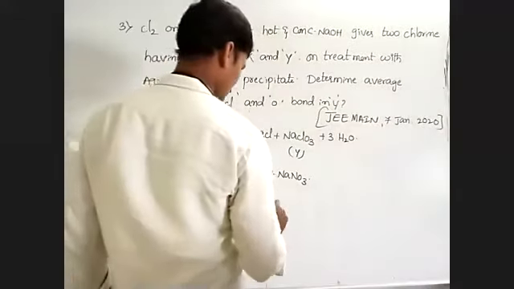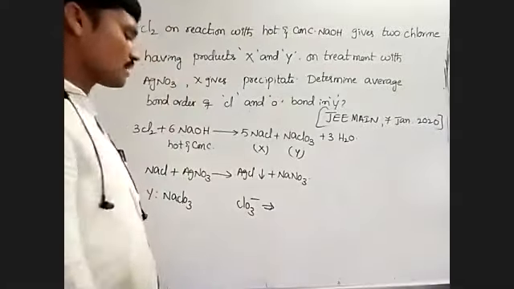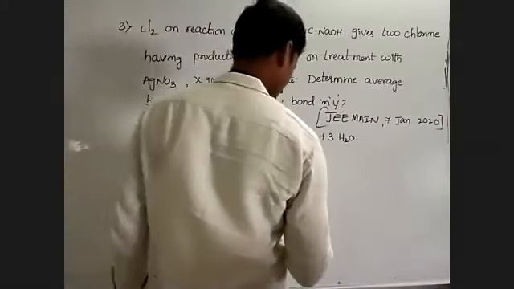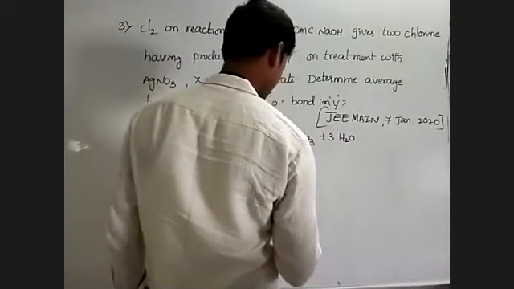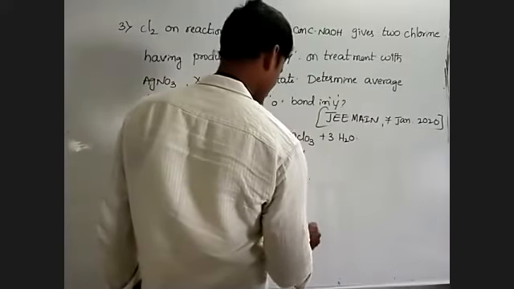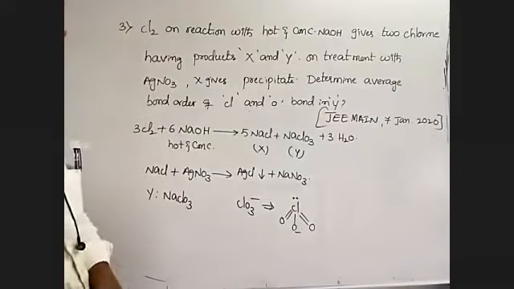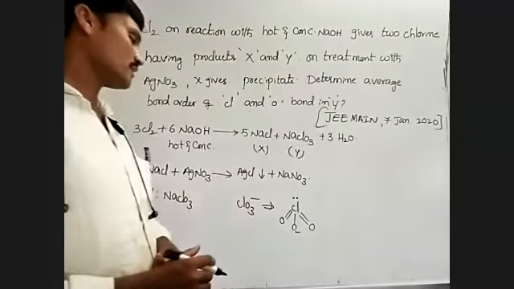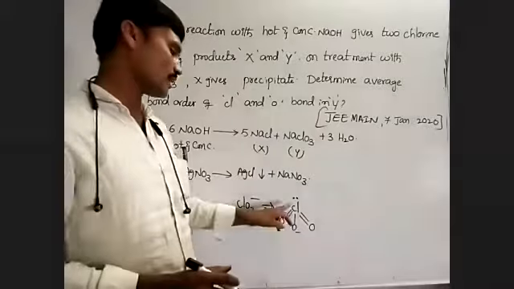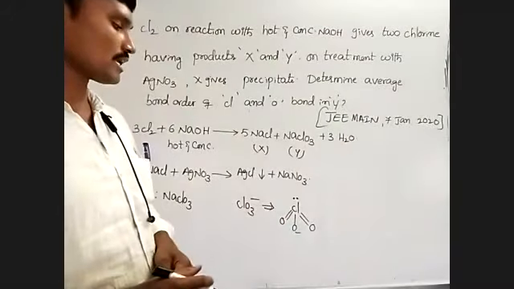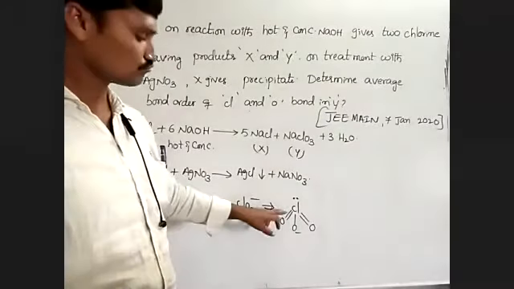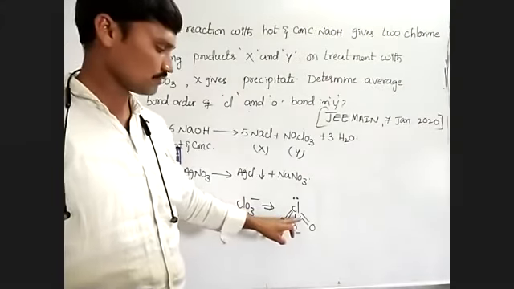So go to the structure of ClO3 minus. Between chlorine and oxygen, the total number of bonds is 5: 1, 2, 3, 4, 5.